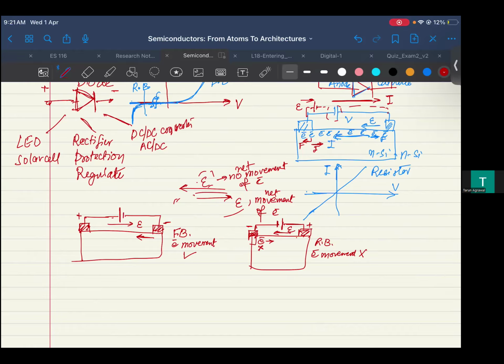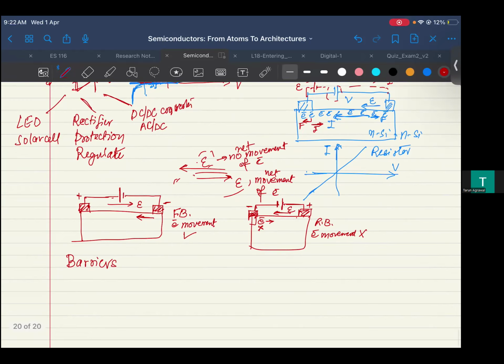One approach can be that I want to create a barrier for the electron. In one case, this barrier is going away, right? So this is typically where the barriers come from in electronic devices or semiconductor devices. So a solution is that I can create a barrier.